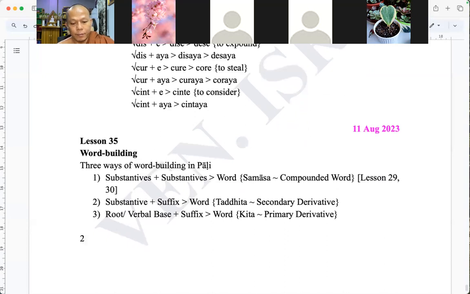The second way is the taddhita, or secondary derivative.